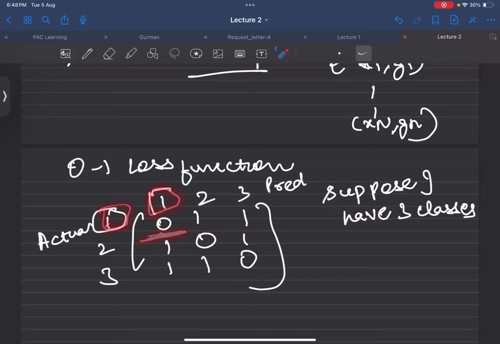If I predict the disease is mild and actually it's mild, that is 0 loss. If the disease is actually mild and I predict it as severe, then obviously 1 loss. If I predict it is mild and actually there is no disease, then it is 1 loss.